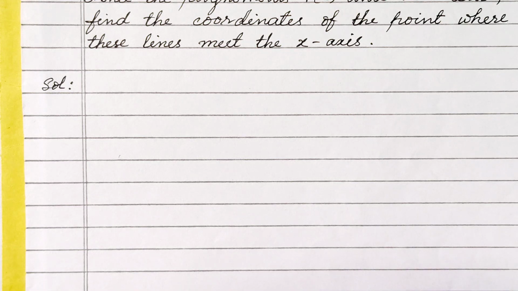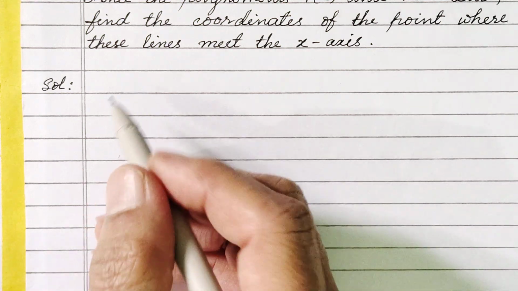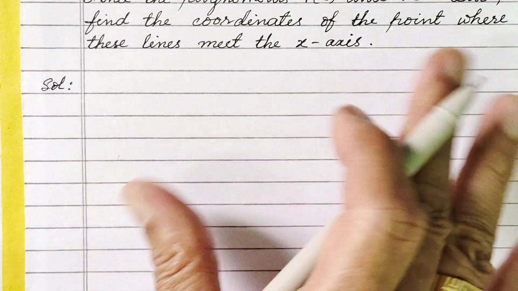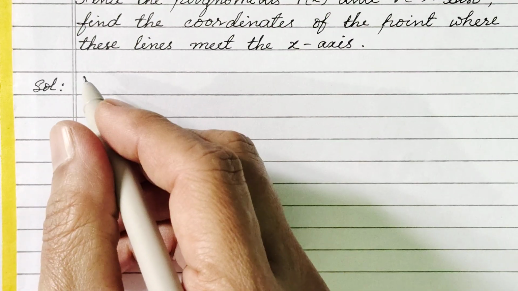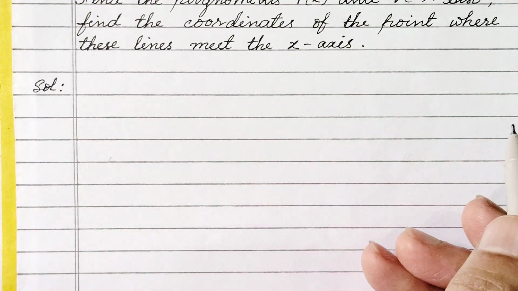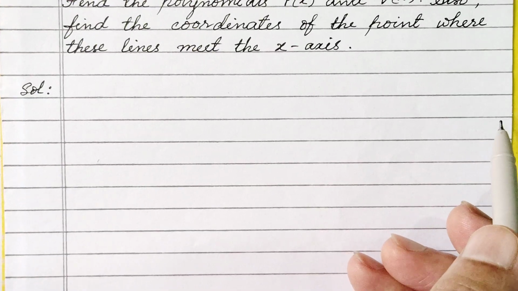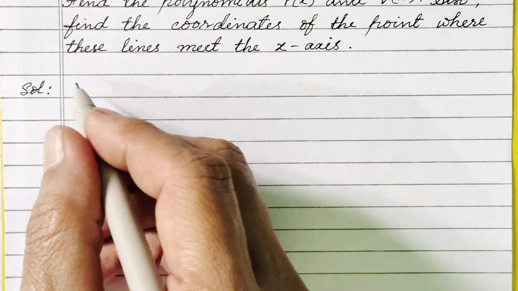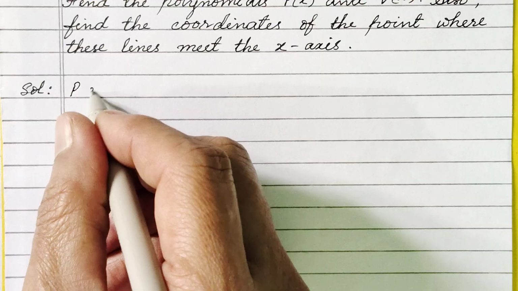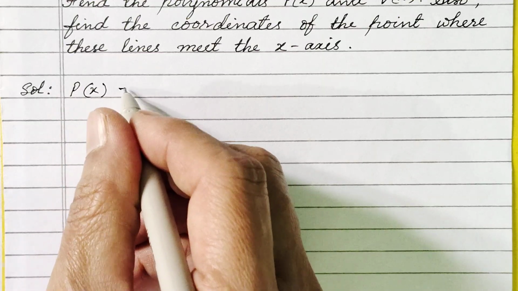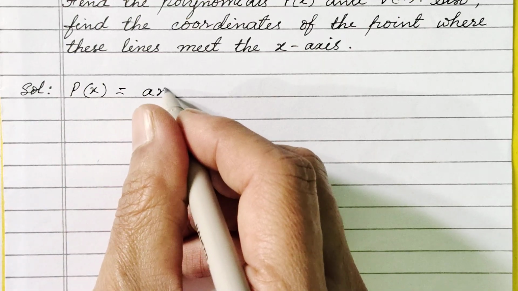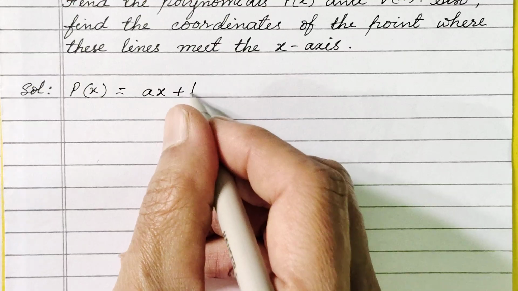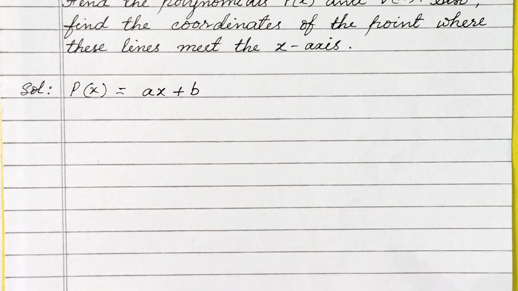First we will try to find the polynomial p(x). So p(x) is equal to ax plus b. This is the polynomial.